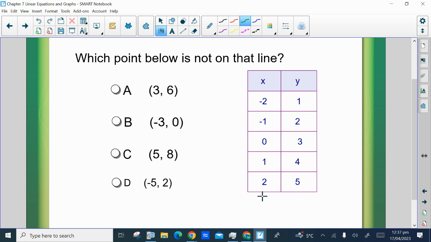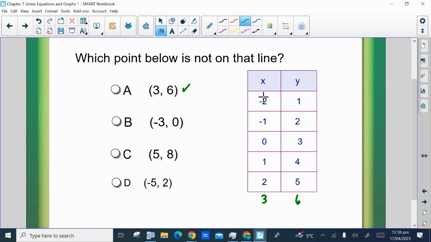The next x value after 2 would be 3, and the next y value after 5 would be 6, which is what point A is. So that is a point on the line. We want to know which point is not on the line. The next point we have to look at is the point negative 3, 0, and we can write what that value is on this table by going above the table.